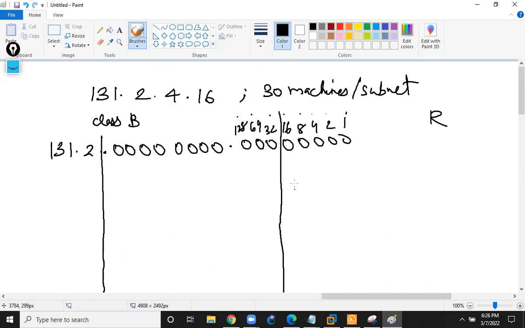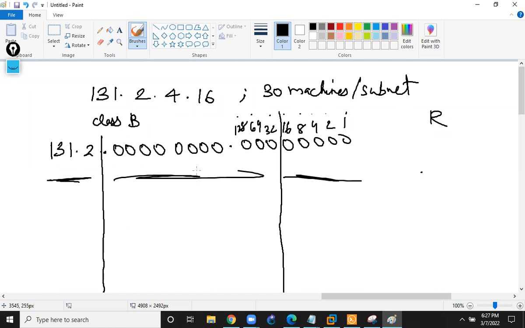Now, how many bits are there for the subnet portion? These four guys will answer. How many subnet bits are there? Which is the subnet portion, the first portion, the second portion or the third portion?